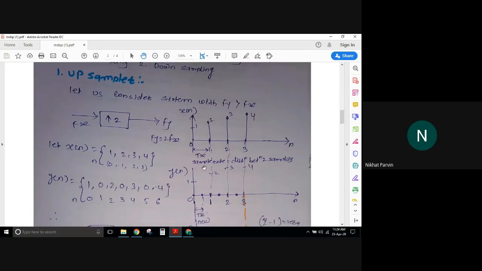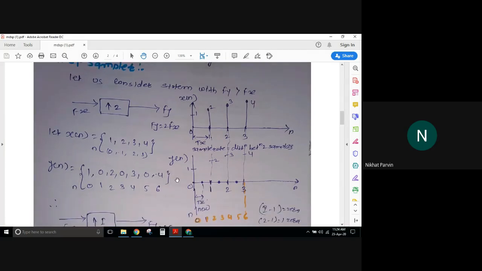What I'm doing here is inserting some zeros in my given sequence. The zeros are inserted in such a way that if I'm upsampling by 5, then 5 minus 1, that is 4 zeros, I'm going to insert.